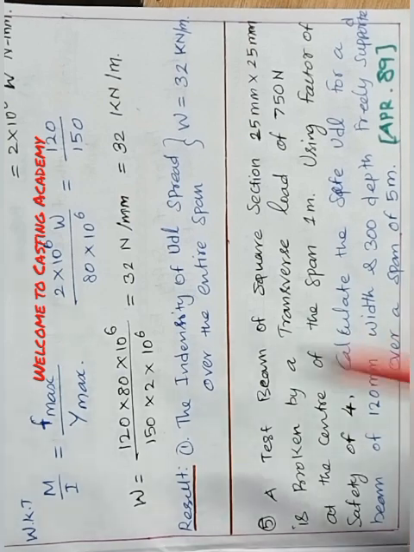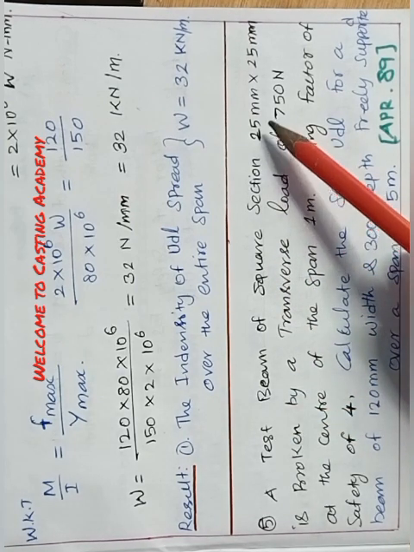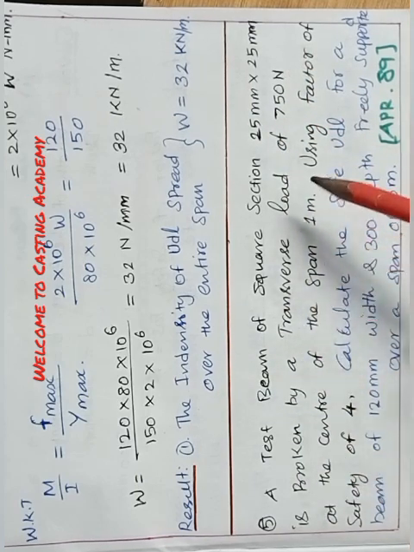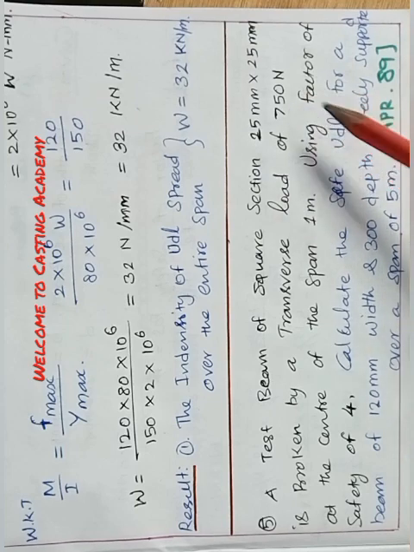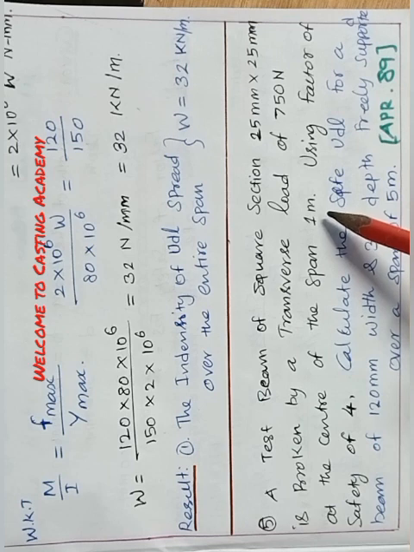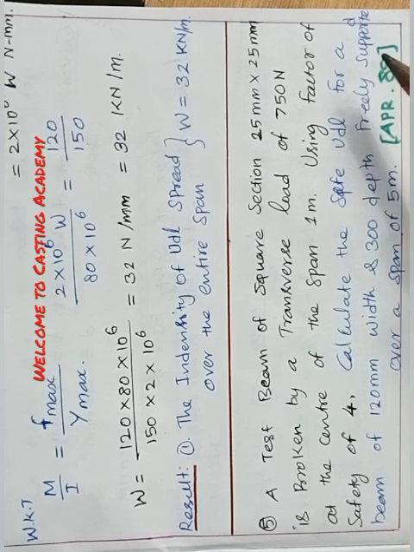Next problem. A test beam of square section 25 mm into 25 mm is broken by a transverse load of 750 Newton at the center of the span 1 meter. Using factor of safety of 4, calculate the safe UDL for a beam of 120 mm width and 300 mm depth freely supported over a span of 5 meter.